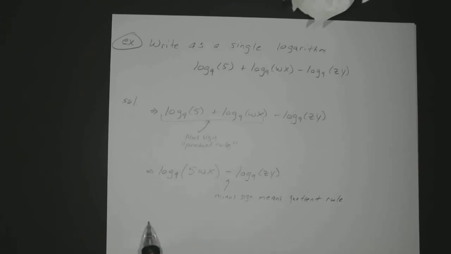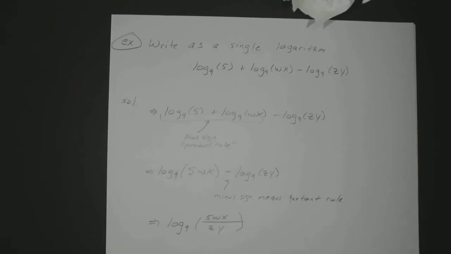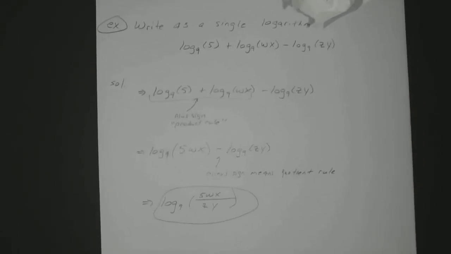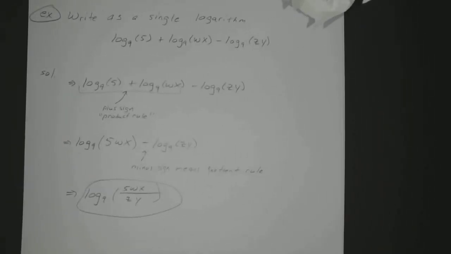So these two terms will combine to give us log base 9 of 5wx divided by z times y, or y times z, which is your one log term. All right, so any questions on that one? Okay.